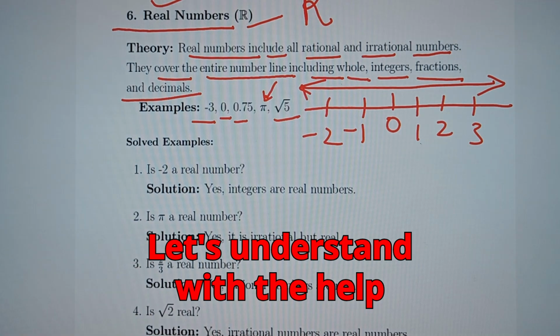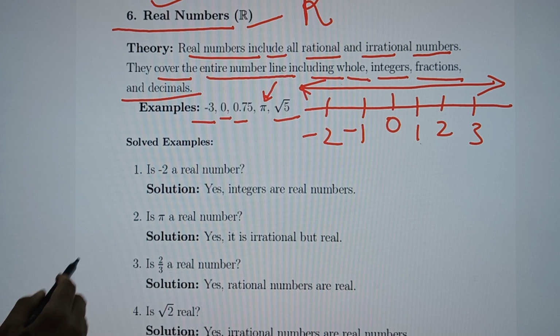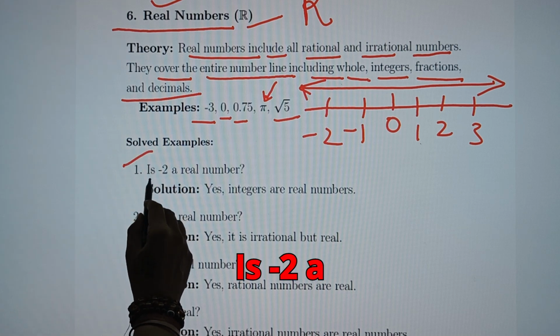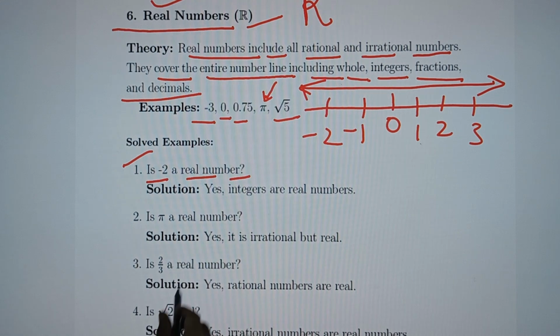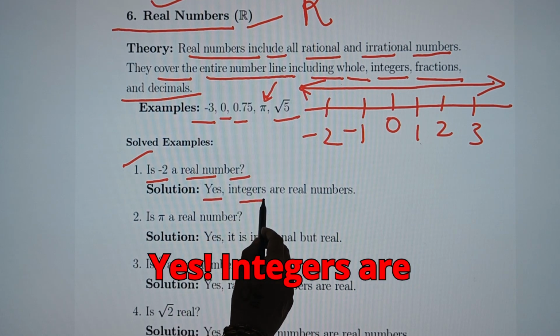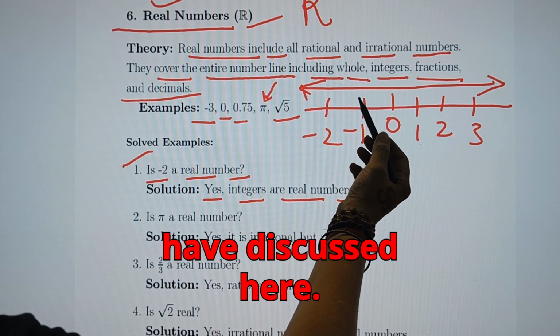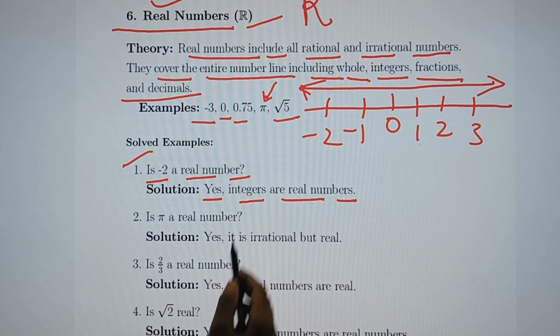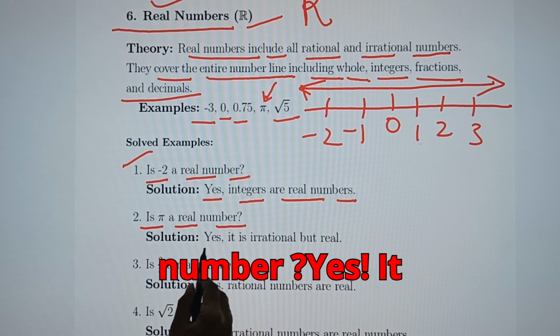Let's understand with the help of our examples. Is -2 a real number? Yes, integers are real numbers as we have discussed here. Is pi a real number?